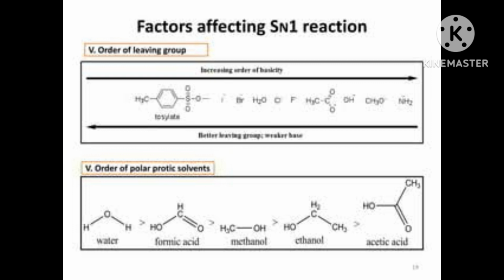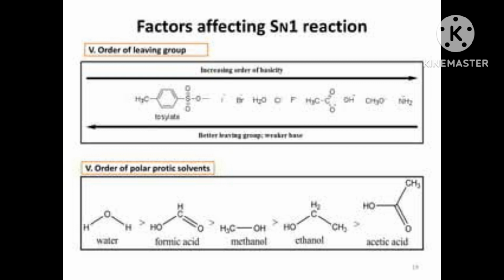This I have discussed, and now I am stopping here. In the next class I will discuss many important terms, and all of them are important. That is called the stereochemical aspect of nucleophilic substitution reactions.